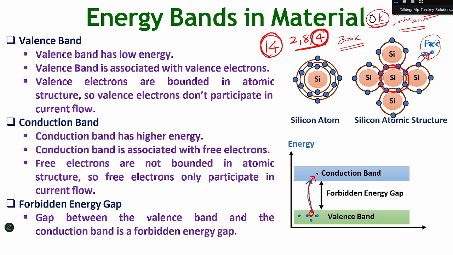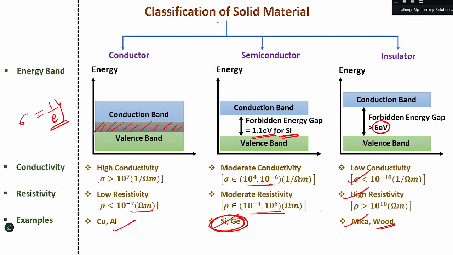In a conductor, there is no forbidden energy gap, so conductivity is high and resistivity is low, like copper and aluminum. An insulator has a large forbidden energy gap, so a lot of energy is required to jump the electron from the valence band to the conduction band, like mica and wood. It has low conductivity and high resistivity.